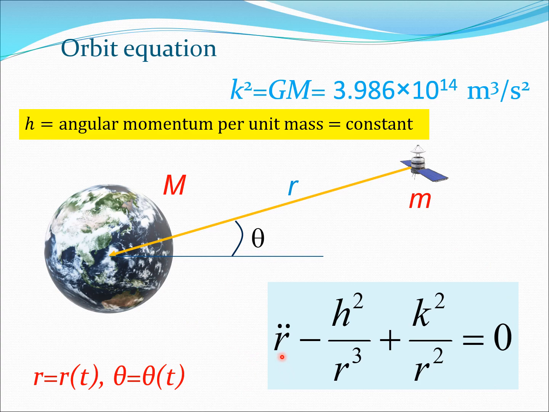So all the remaining things like r double dot and r are essentially related to this r here, the distance between the Earth and the satellite. h is the angular momentum per unit mass. k square is the GM value, or the geocentric gravitational constant. So that will be a simple constant here.